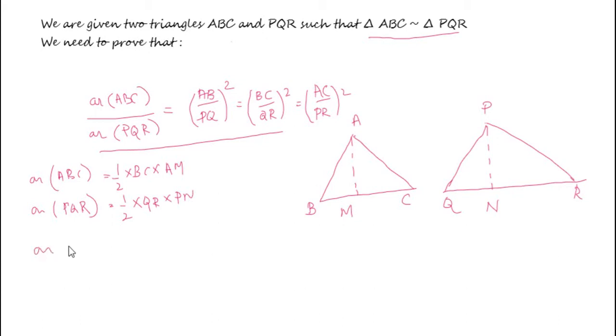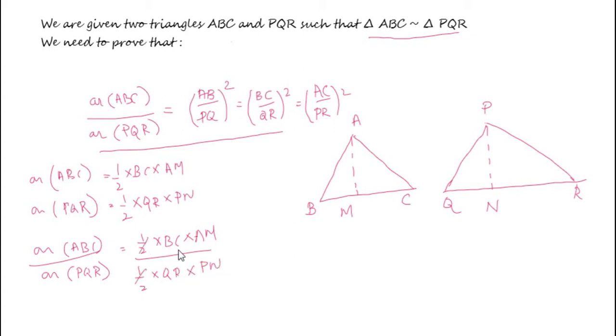Now area triangle ABC divided by area triangle PQR is equal to half into BC into AM divided by half into QR into PN.